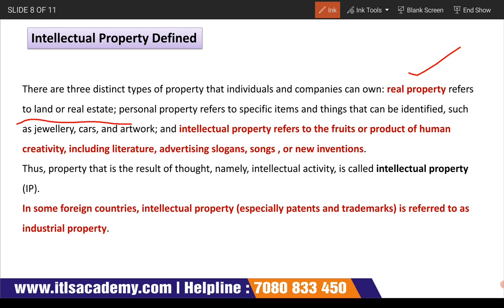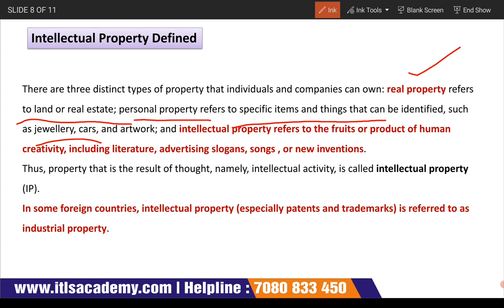Then comes personal property, which refers to specific items and things that can be identified, such as jewelry, cars, and artwork. Intellectual property refers to the fruit or product of human creativity, including literature, advertising slogans, songs, or new inventions.